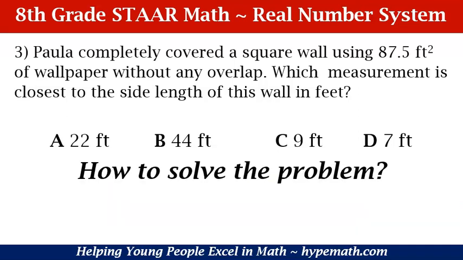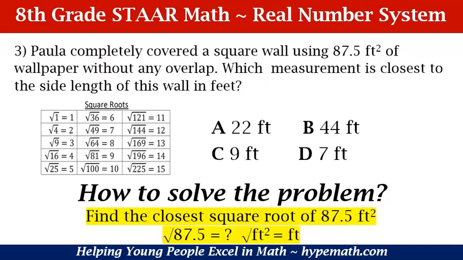How do we solve the problem? In order for us to solve this problem, we can use our handy dandy square root chart, okay? And we can look and see what two square roots the square root of 87.5 falls in between. Then look at the integers for those numbers to see what our correct answer would be.